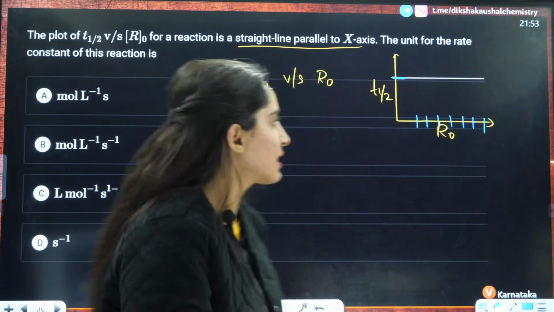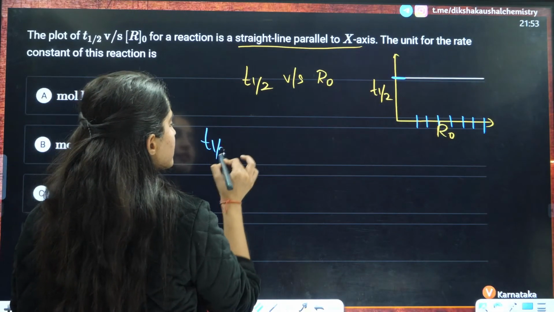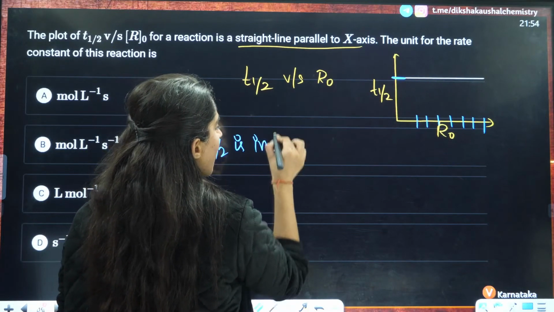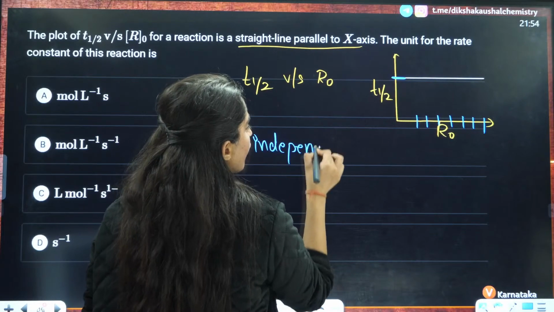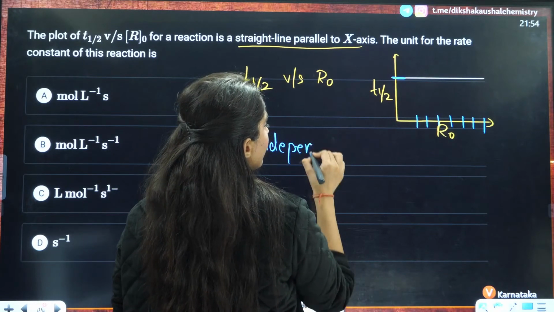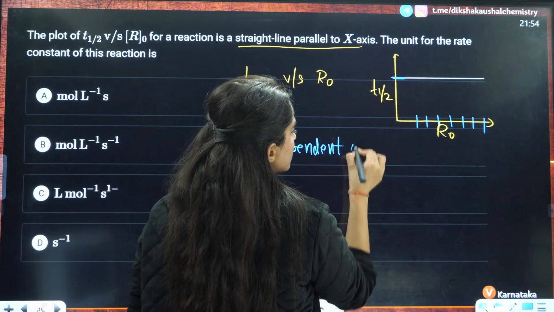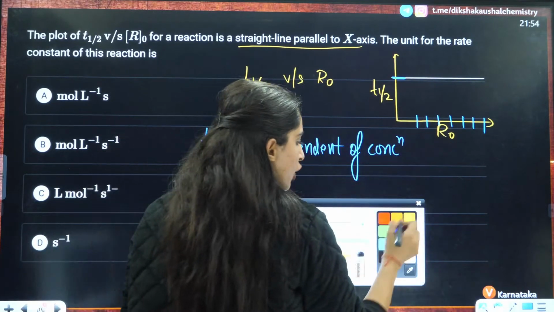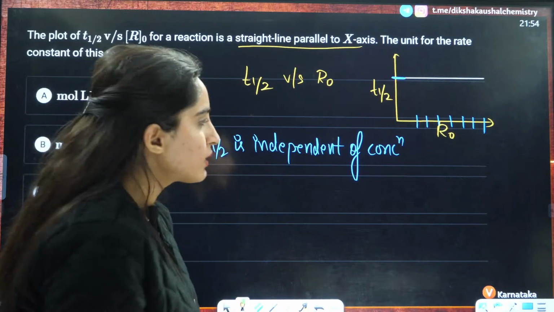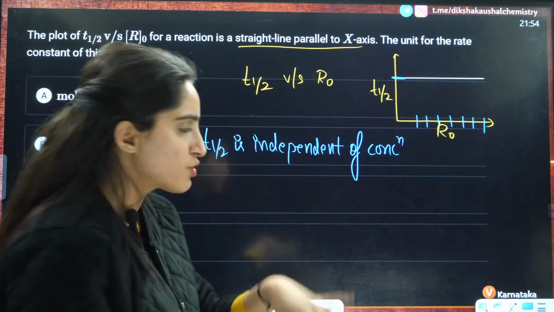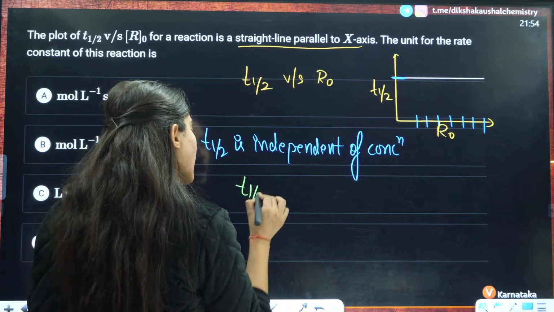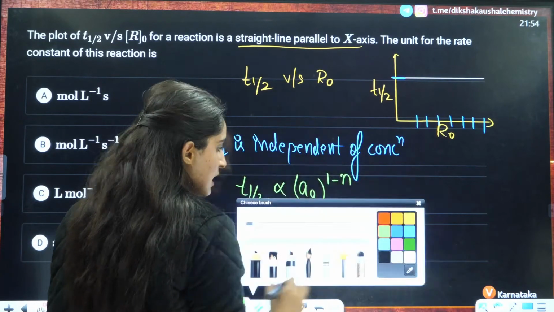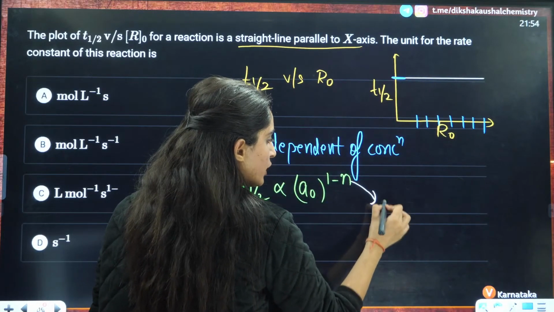So whenever you are increasing the concentration, the T half is remaining the same. That means, can I say that T half is independent of concentration? From here, can I say one more thing: if it is independent of the concentration, we know that T half is directly proportional to A naught raised to the power 1 minus N. That means this N should be equal to 1.